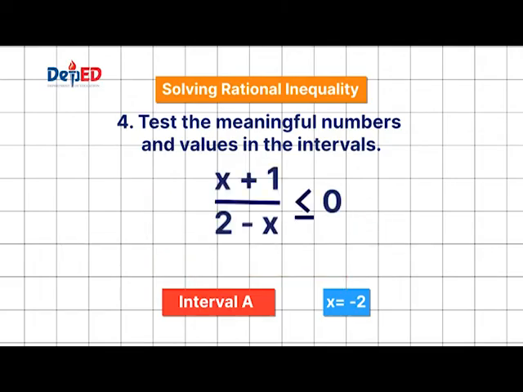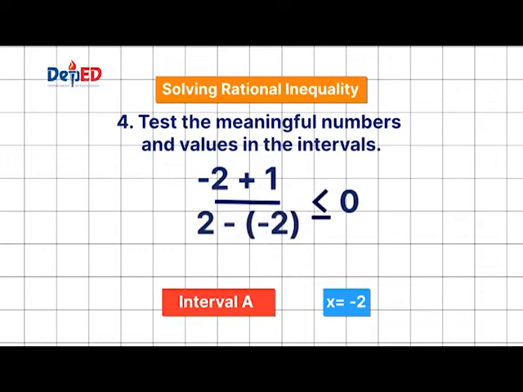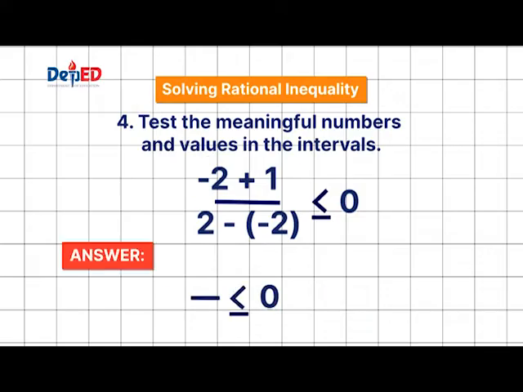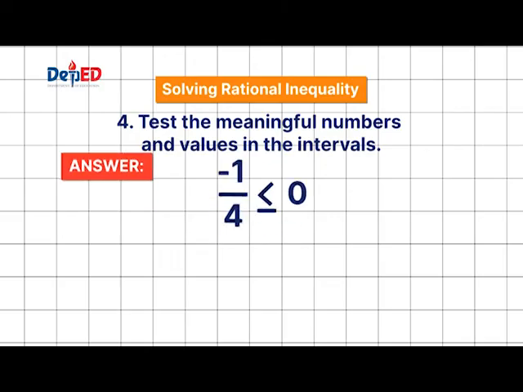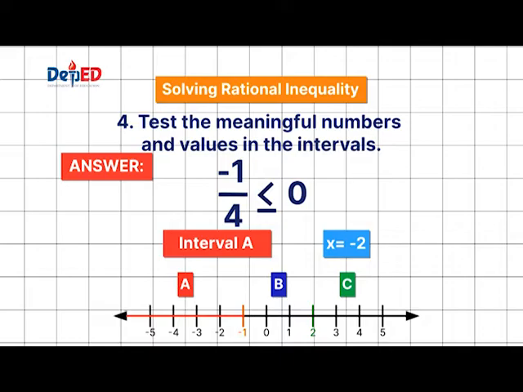This is (-2 + 1) over (2 - (-2)) is less than or equal to 0. -2 plus 1 is -1, while 2 minus -2 is positive 4. And -1/4 is less than 0. Then we say that the first interval, A, is a solution in the given inequality. That is the set of all real numbers less than -1.